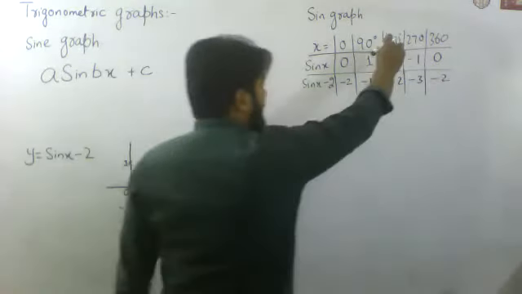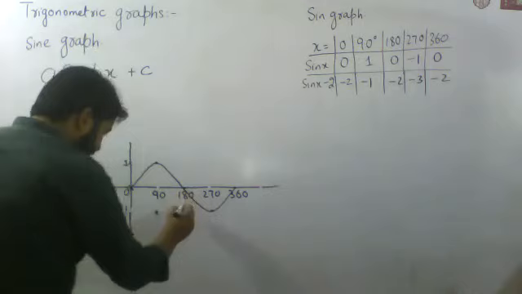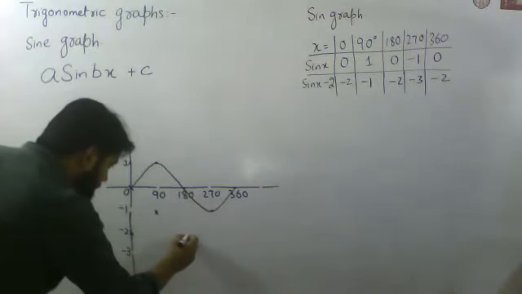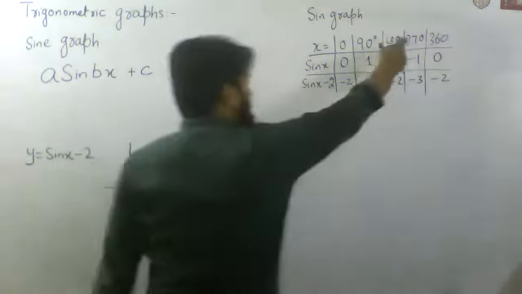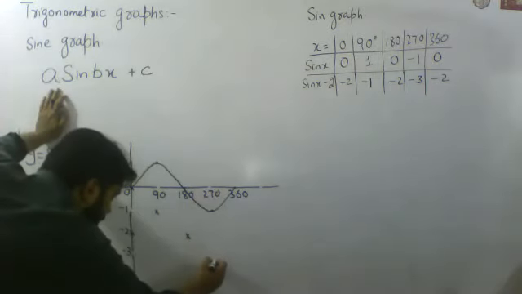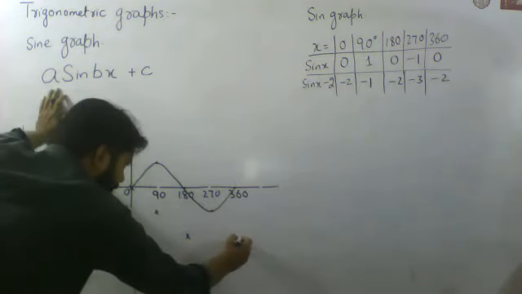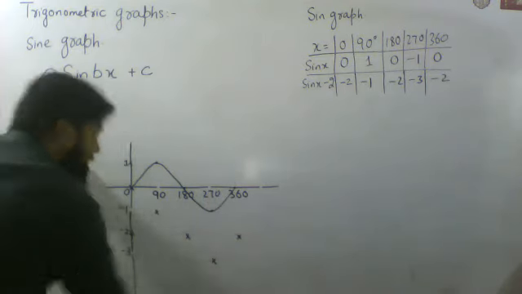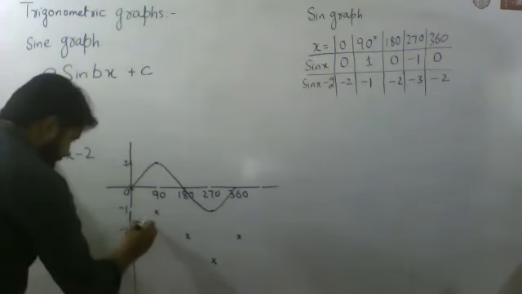Then at 180, the value is coming -2. At 270, the value is -3. And at 360, the value is again -2. Okay? Connecting these points.